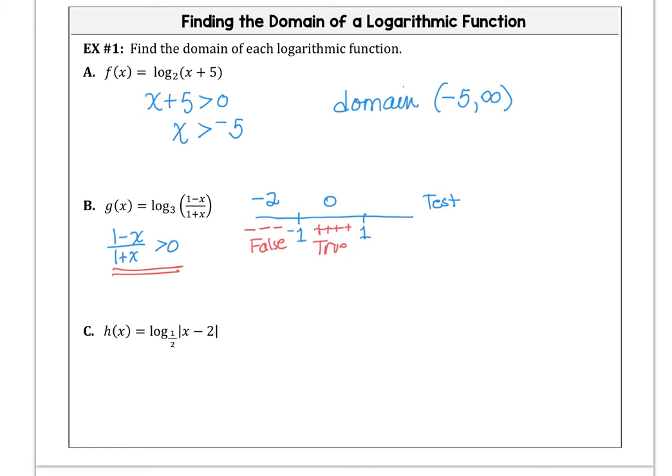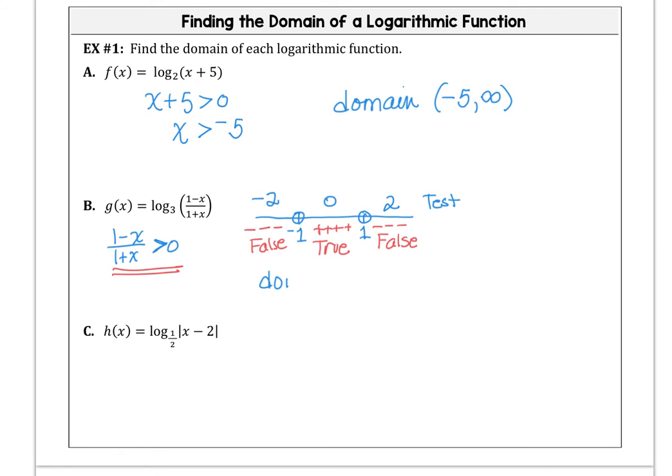This section is true. And then finally, in the last section, if we test +2, we're going to end up with 1 minus 2 and 1 plus 2, which is a negative value. So this interval is false. And we want the inequality to be greater than, so we want open circles.